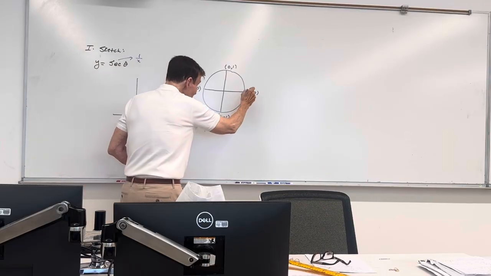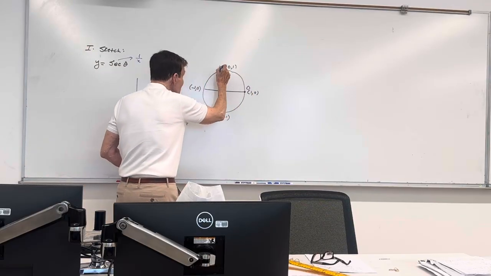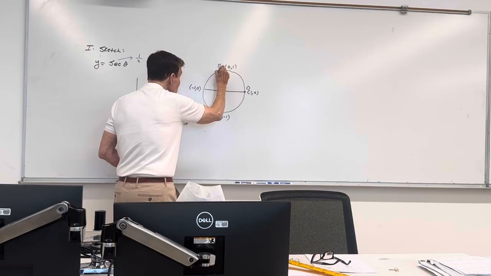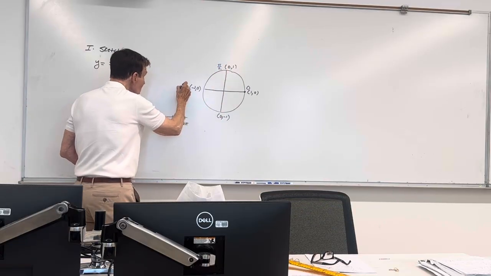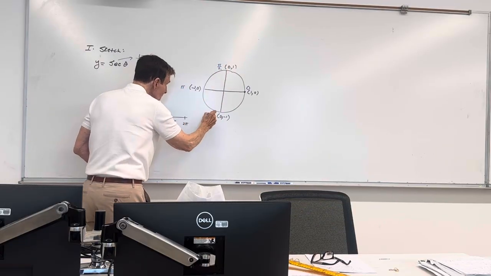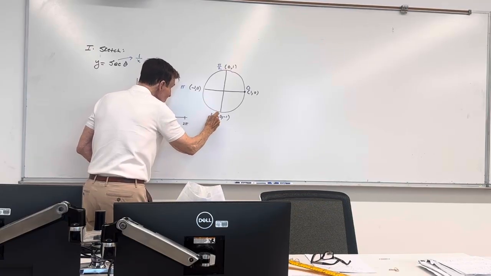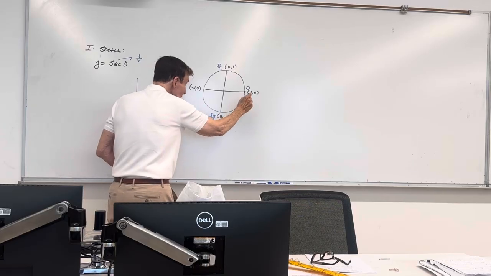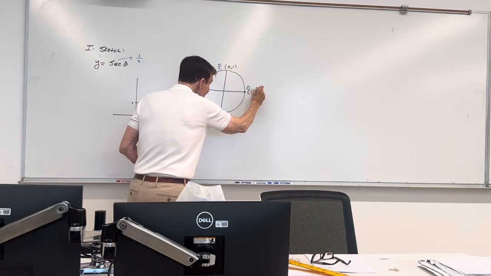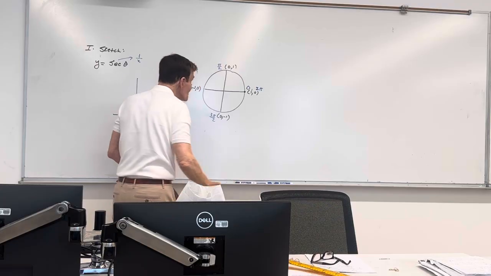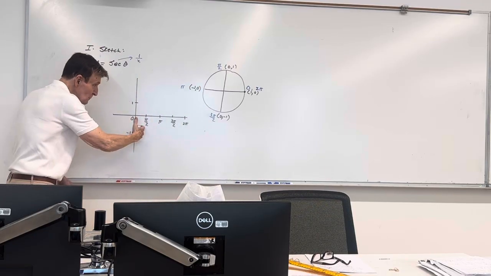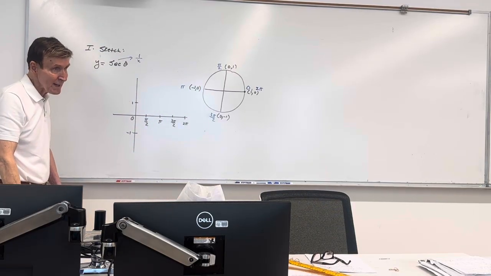This is for 0 radians or degrees, pi over 2 or 90, pi or 180, 270 or 3 pi over 2, radians all the way around. And of course, one complete revolution, we take it right back, and this is going to be 2 pi. That's where those numbers came from. We all know that by now.